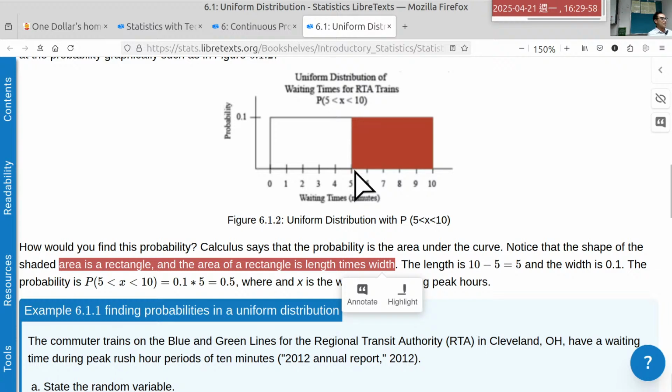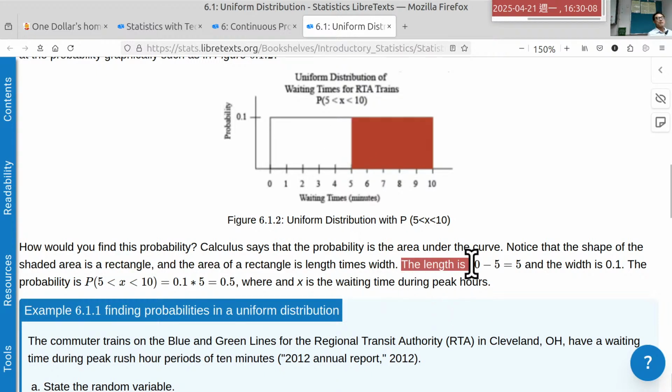Here the length is 10 minus 5, that is 5, and the width, or height, is 0.1. The probability of getting a waiting time between 5 and 10 minutes is 0.5, where X is the waiting time during peak hours.